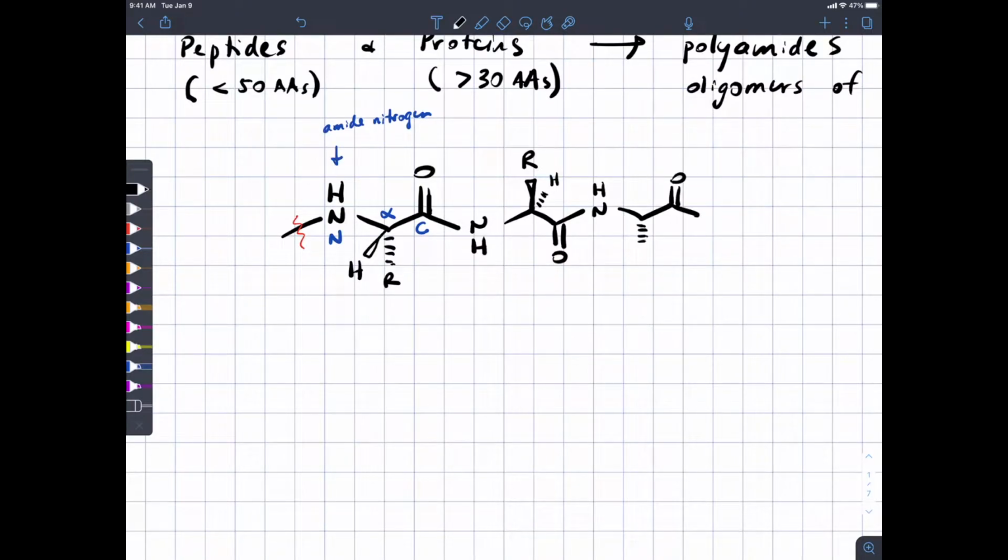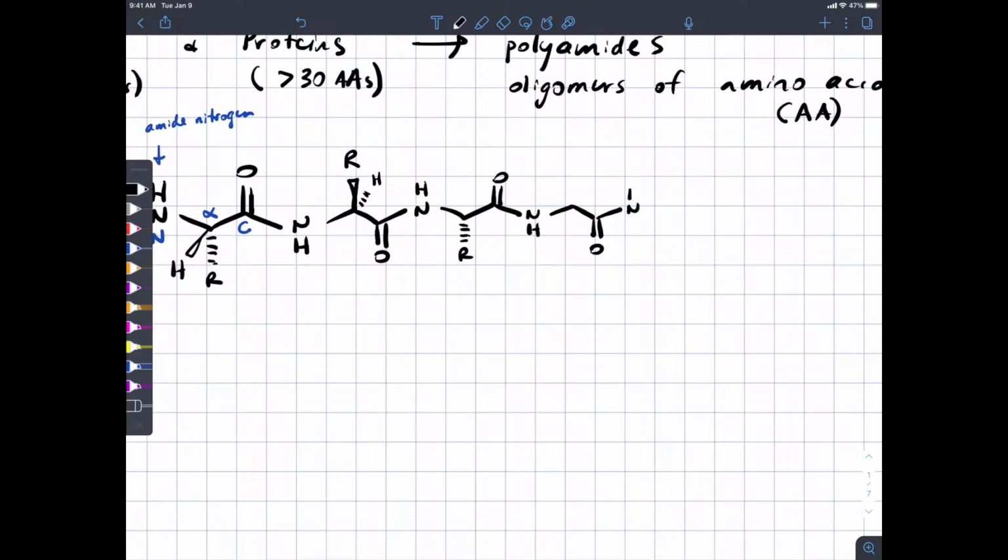Notice that the stereochemistry of the side chains is all the same, and that is because biology makes proteins from what are called L amino acids. That's a throwback to an old way of talking about stereochemistry, L and D, which had to do with left versus right hand rotation of plane polarized light.